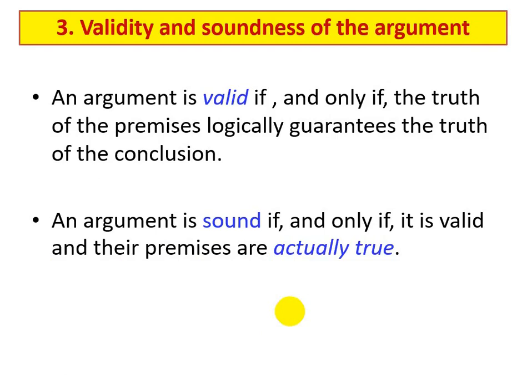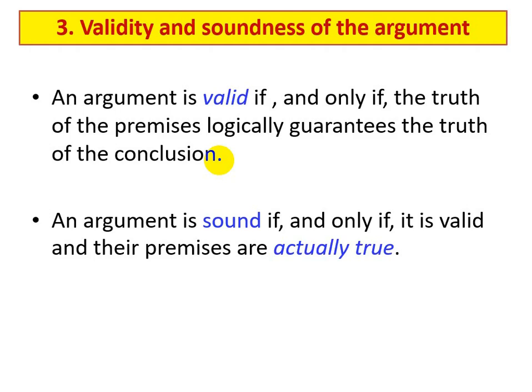We can say that an argument is valid if and only if the truth of the premises logically guarantees the truth of the conclusion. I mean, if premise one is true and premise two is true, then the truth of the premises guarantees the truth of the conclusion.